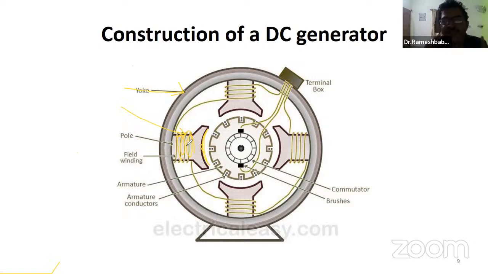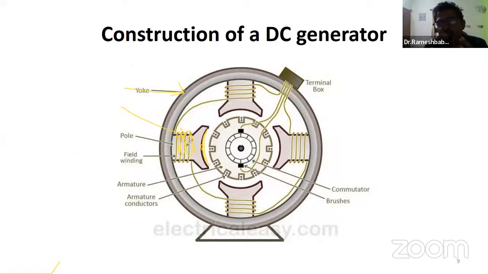So a constant field is created with the help of the stator field winding. The field is constant, it's not varying. I hope you all are clear, right? Any doubt, you can put it in the chat box.